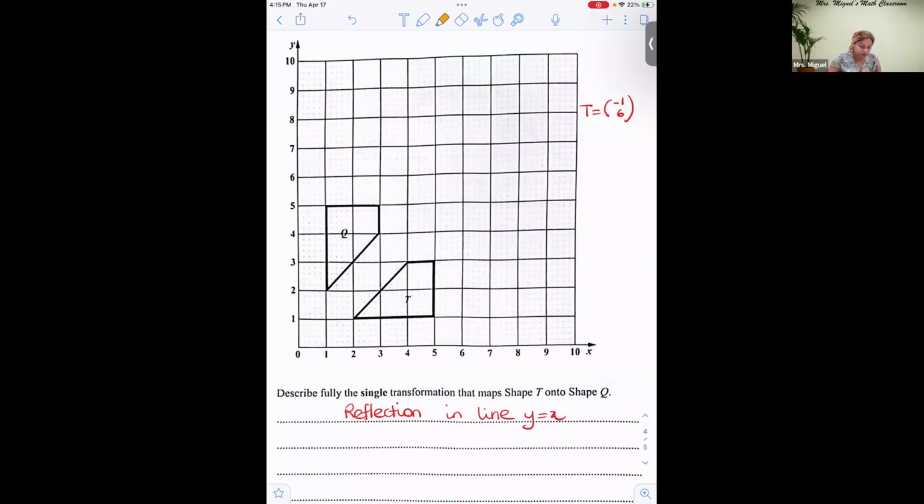And what I want you to draw is T. And T has 5 vertices. So we're moving along the x-axis 1 space to the left. And we're moving upward 6 spaces.